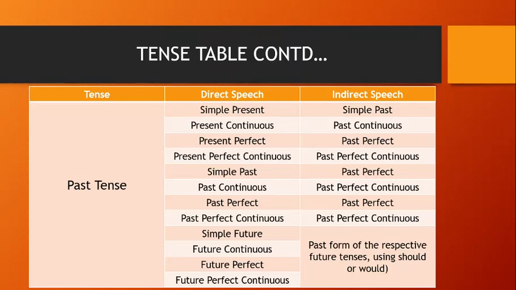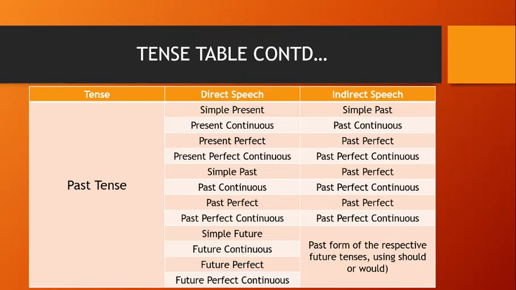So we can say that tense changes to past, but the aspect remains the same. If you have forgotten what aspect is, or if you are new here, I would suggest you go back and go through the first video on tense chapters. There we have a detailed discussion on tense and aspect. That will help you understand this a little bit more, when I say that the aspect remains same, but the tense is shifted to the past form.